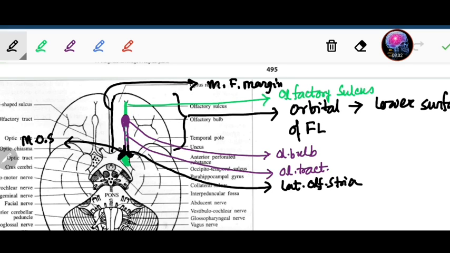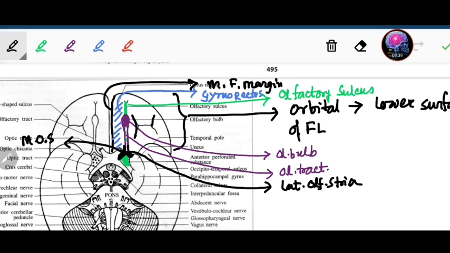The elongated area medial to the olfactory sulcus is known as gyrus rectus. And the rest of the orbital surface lateral to the olfactory sulcus is divided by an H-shaped sulcus, also known as the orbital sulcus.